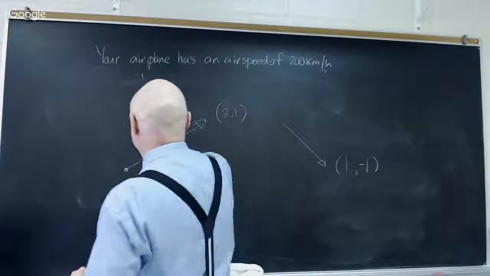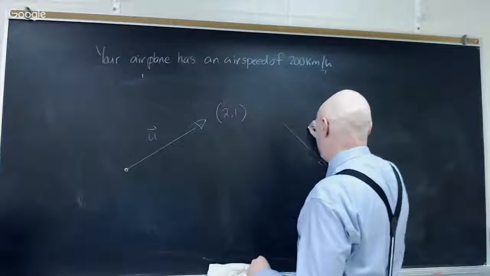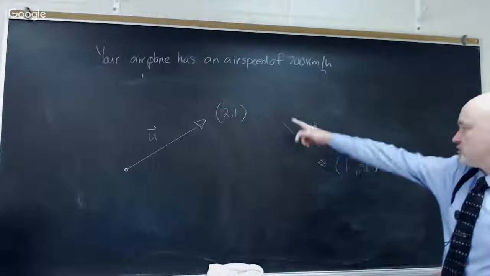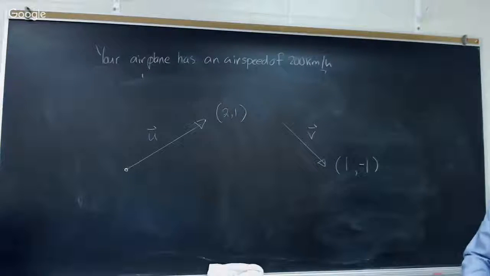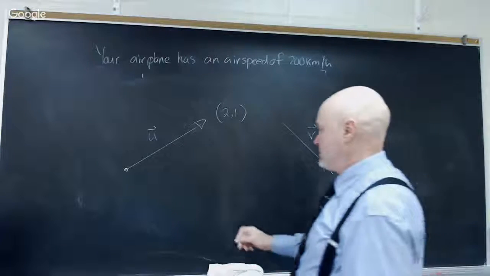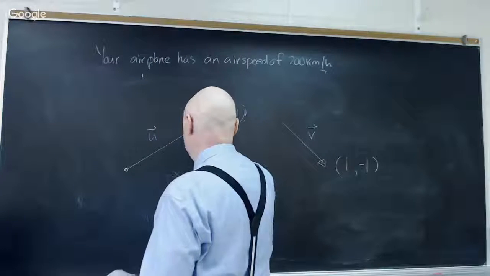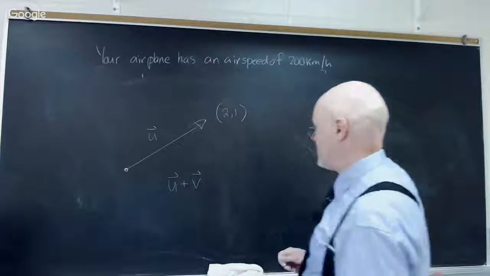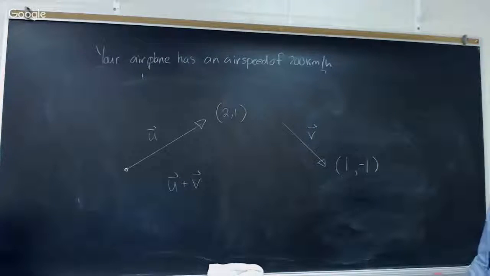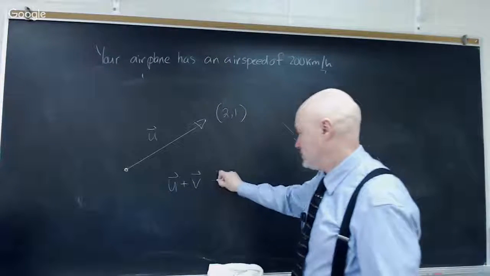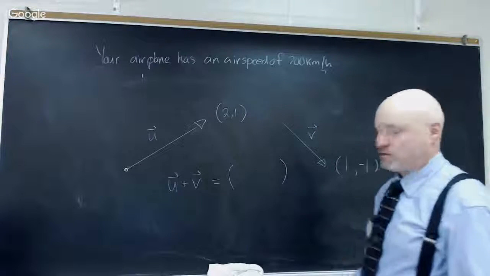Okay, there we go. So if I called that one u and that one v, this is 2, 1. This is 1, -1, sitting out on the grid. Get ready. u plus v. So this is vector addition.